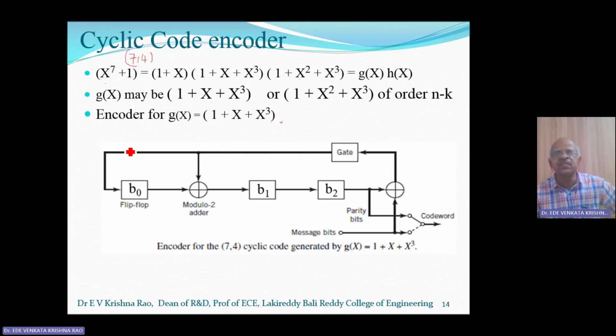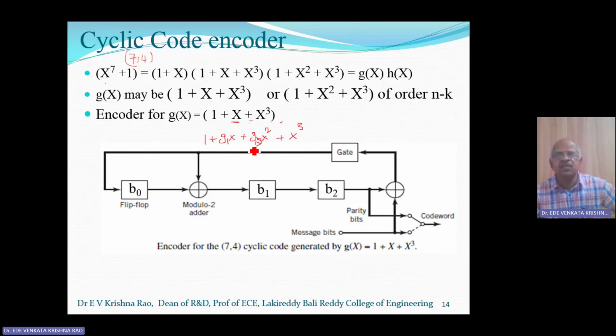That generator polynomial, the cyclic encoder, the generalized encoder, is converted into this n minus k, 3-bit encoder. So this is B0, B1, B2, and this becomes G1 because here, 1 plus G1 x plus G2 x square plus x cube.